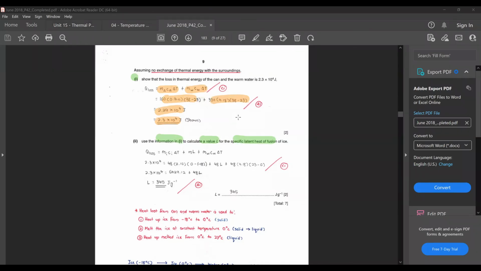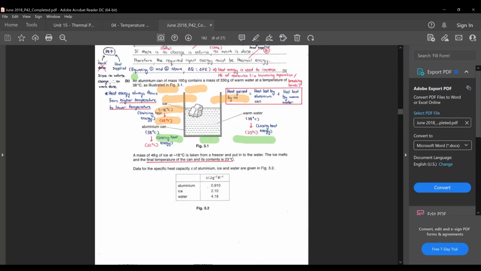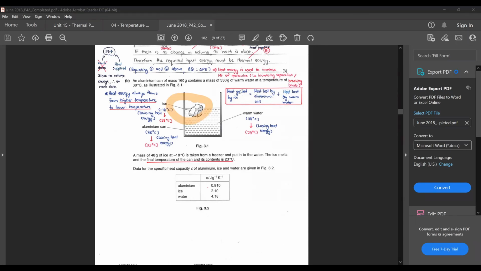Now, based on what I just explained to you over here, if you try to use conservation of energy, it is correct to say that whatever heat energy was gained by the ice is actually equal to whatever heat was lost by the aluminum can and warm water, right?